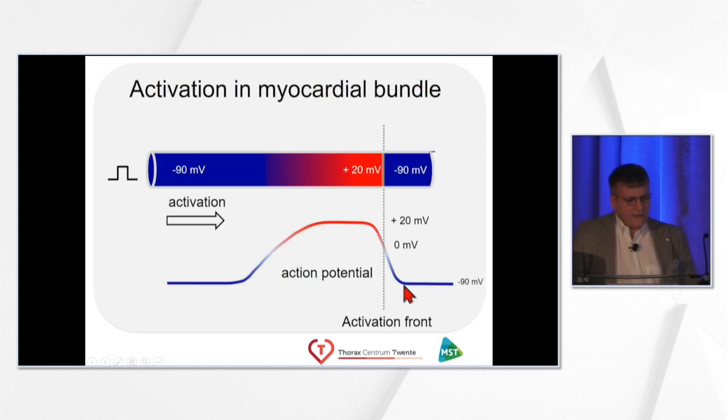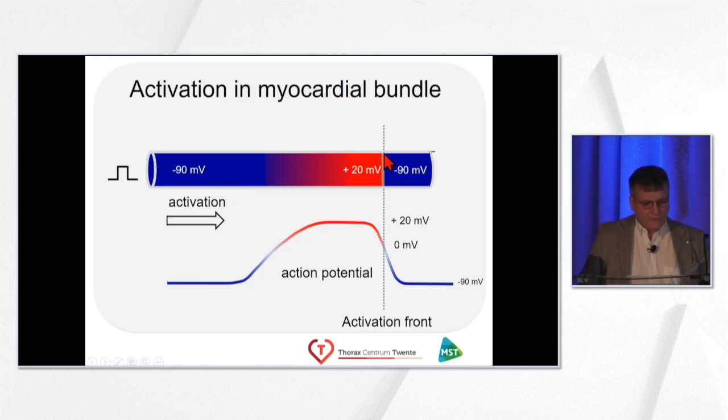If you make a very simplistic model, and this is a myocardial bundle like Dr. Kleber showed, with all cells in a row, then you can depict the activation over this bundle if you stimulate at the left side, and an activation front will run across the bundle.